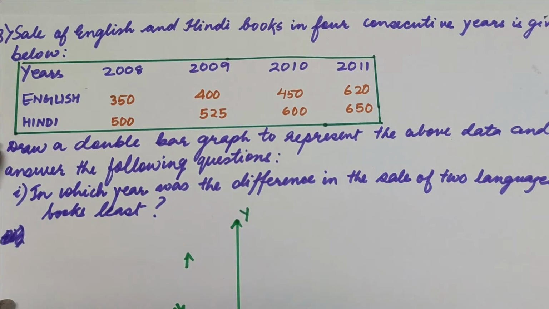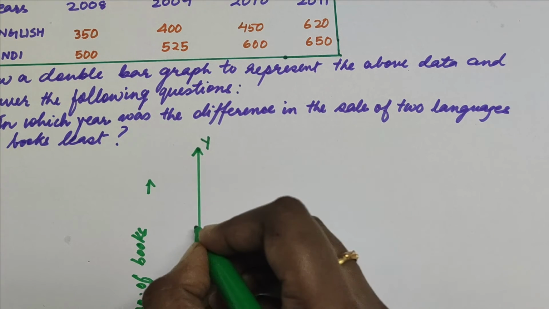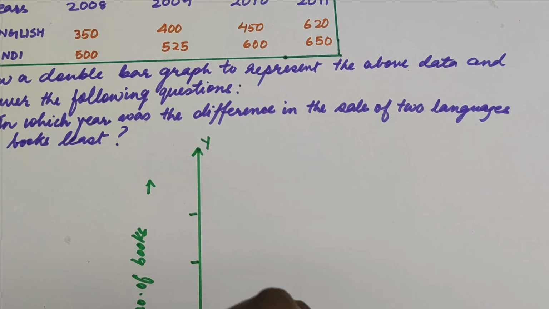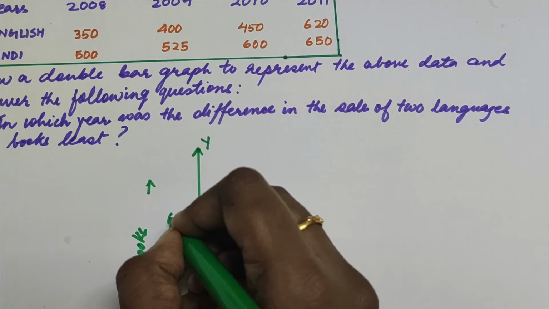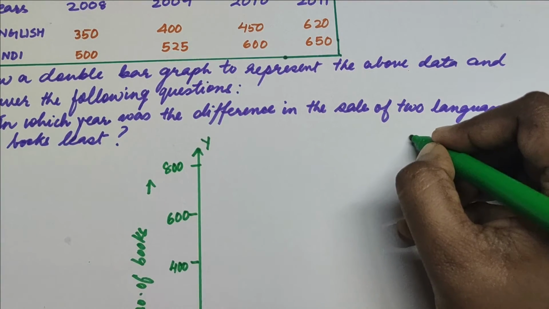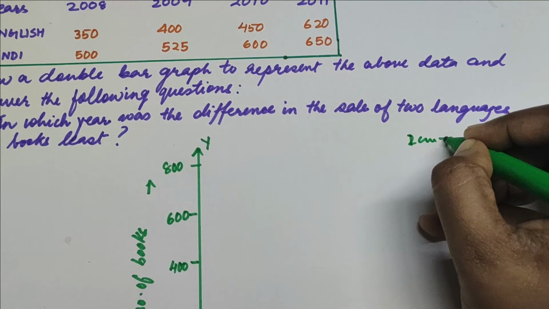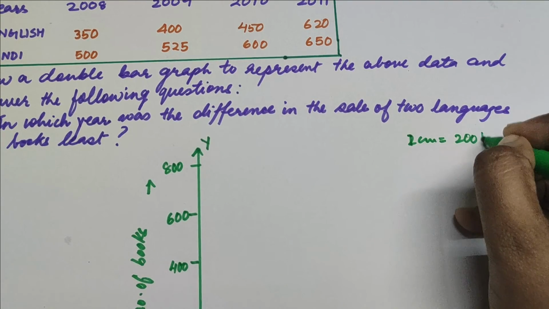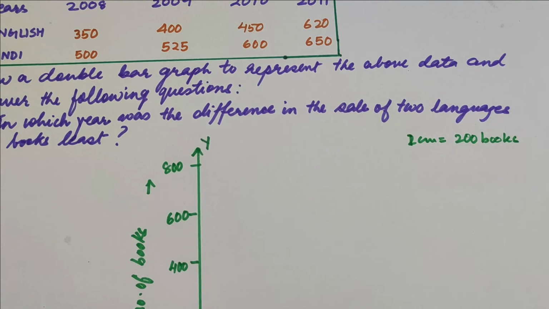So I'm going to plot in such a way that I can take around 200 books for one unit. So if this is 0, 200, 400, 600, 800. So my scale is here around 2 centimeter is 200 books, or 1 centimeter is 100 books, you can see.